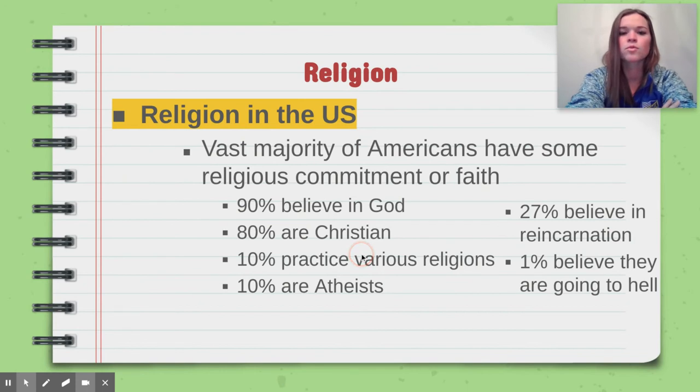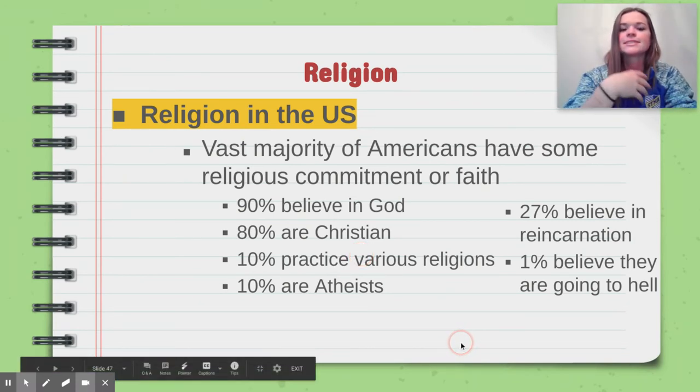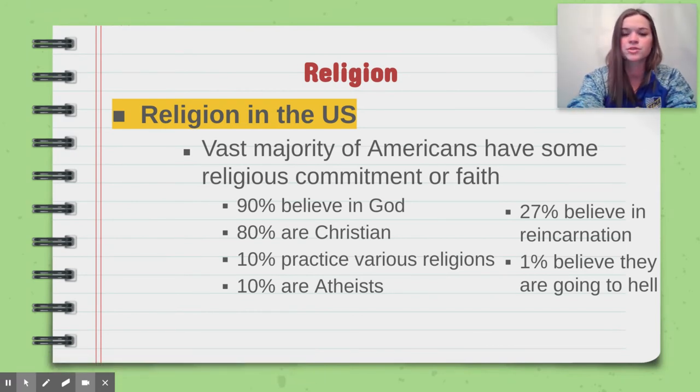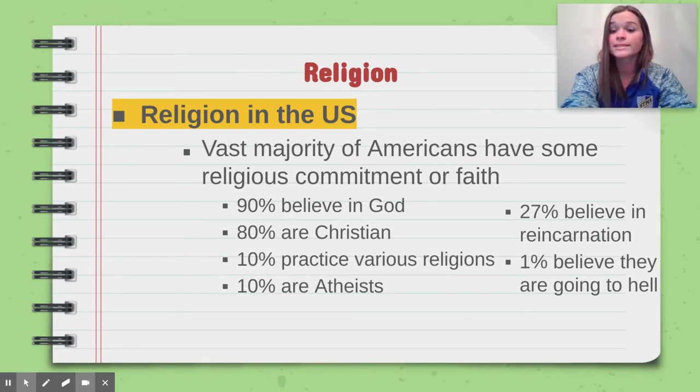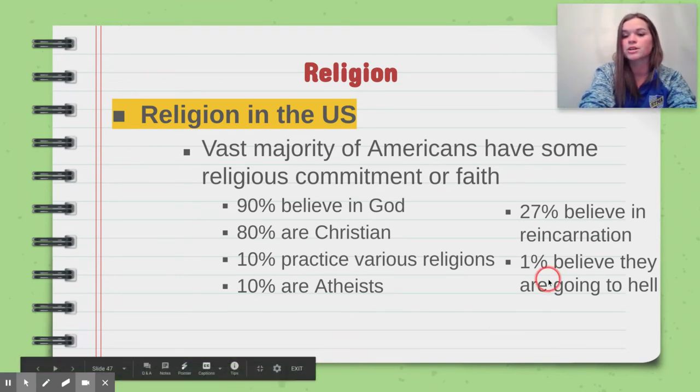So, religion in the United States. The vast majority of Americans have some religious commitment or faith. Just some stats for you from 2014. 90% believe in God, 80% are Christian, 10% practice various religions, 10% are atheists, 27% believe in reincarnation, and 1% of the United States believe they are going to hell.